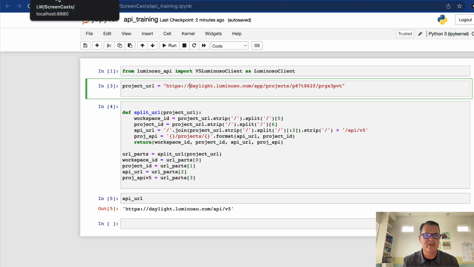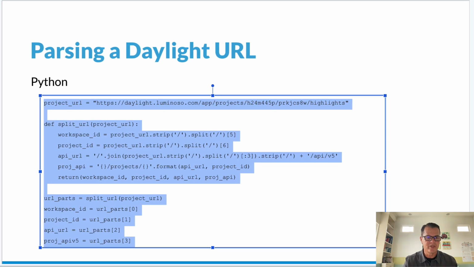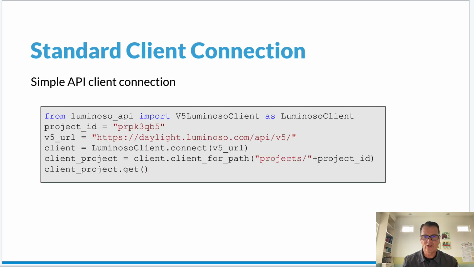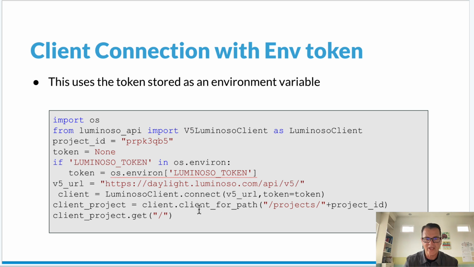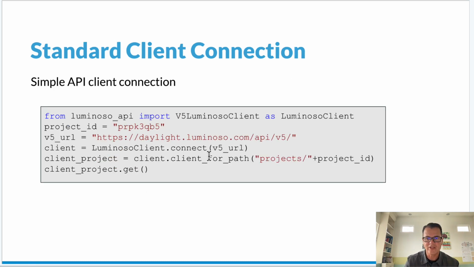So the next thing I'm going to talk about is, again, the standard client connection does look like this, where I give it a project ID, I give it the URL, I connect, and then once I've connected with that base URL, I create a new client, and I say client for path projects project ID.